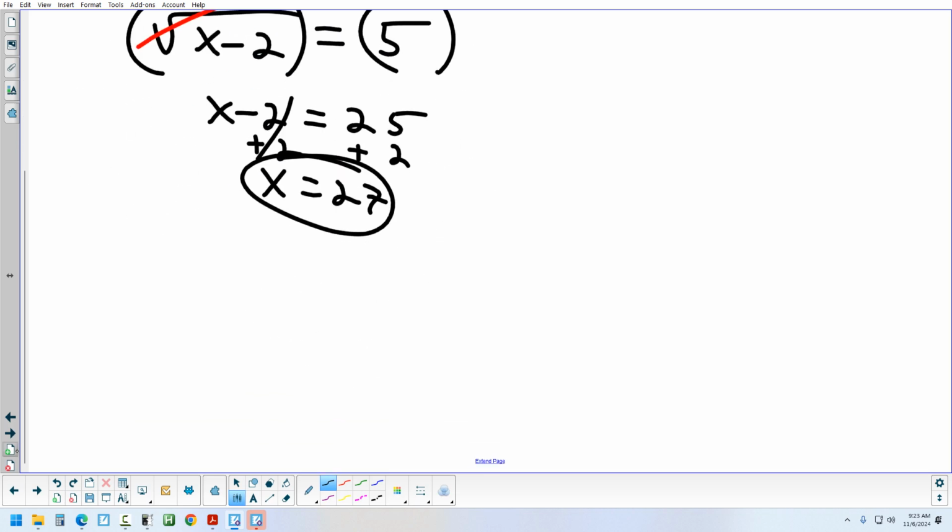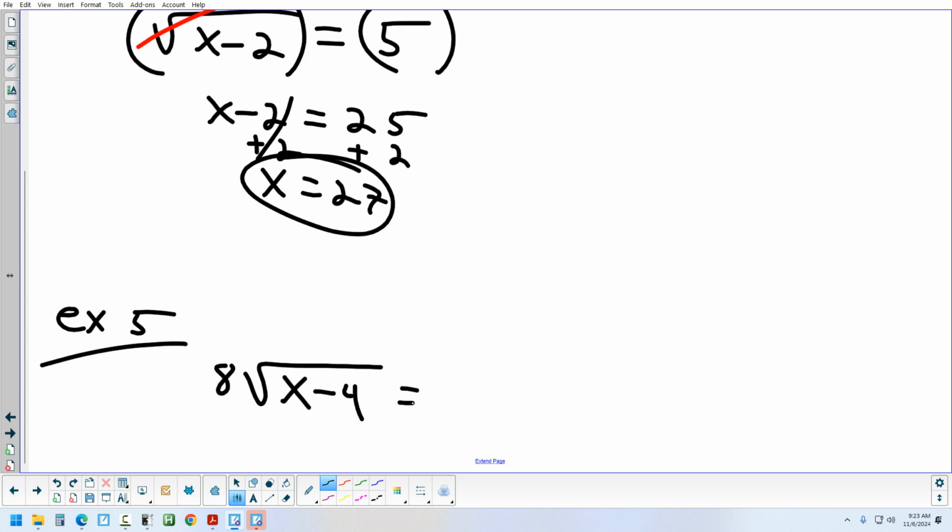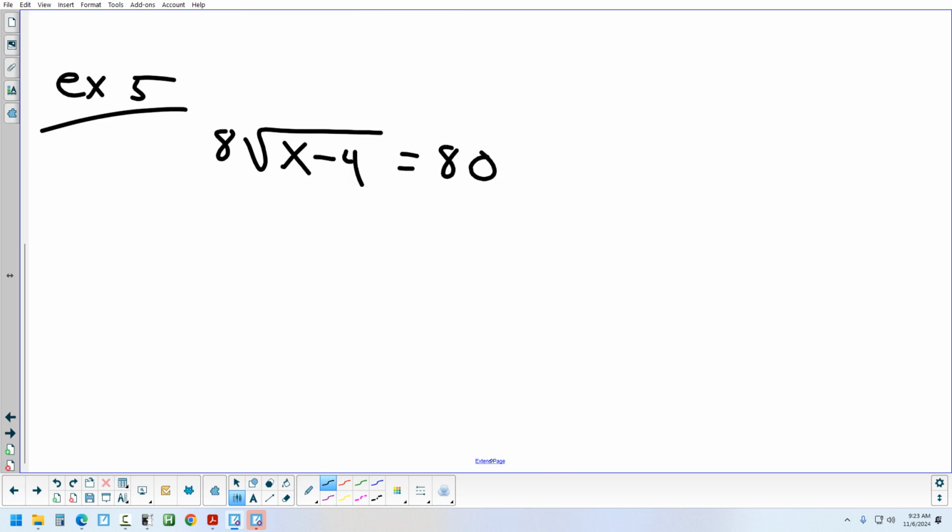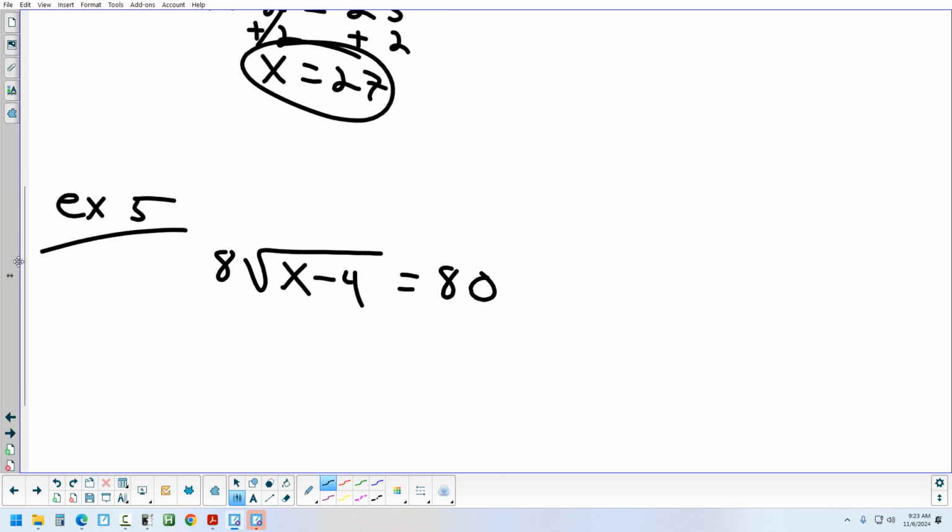All right, let's try this one. Let's try 8 times the square root of x minus 4 equals, let's do 80. Okay, so first step here, is the radical by itself? No. So what do I have to do on both sides to get the radical alone first? Yeah, divide by 8. I'm going to divide each side by 8. Those cancel.